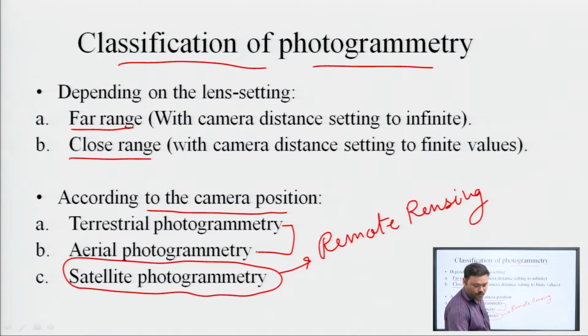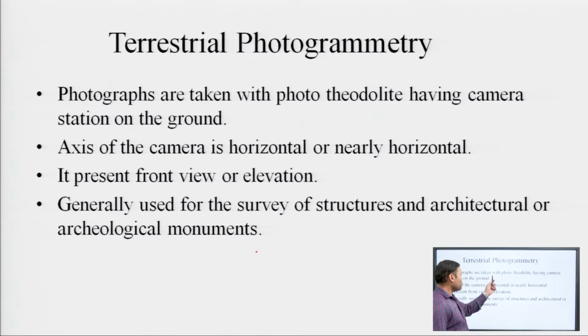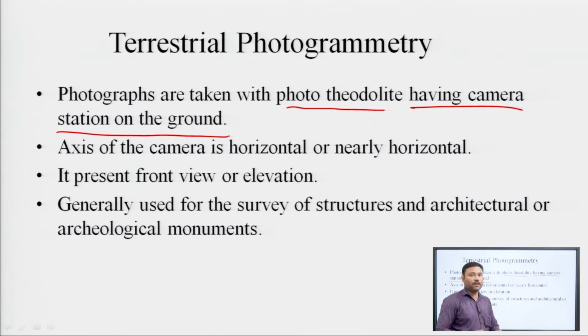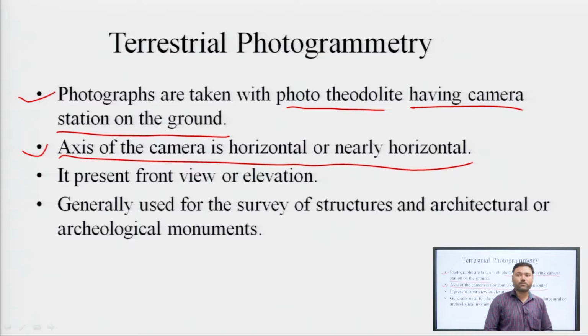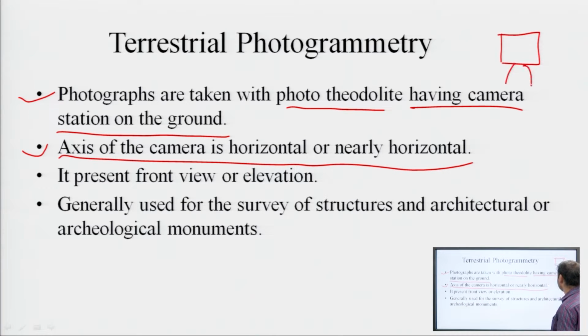Talking about terrestrial photogrammetry, photographs are taken with a phototheodolite having the camera stationed on a ground point. In this, the camera is on the ground. Again, second point, the axis of a camera is horizontal or nearly horizontal. It means that if we are taking a photograph with a camera, its axis should be horizontal, not in a vertical position, or we can say nearly horizontal.